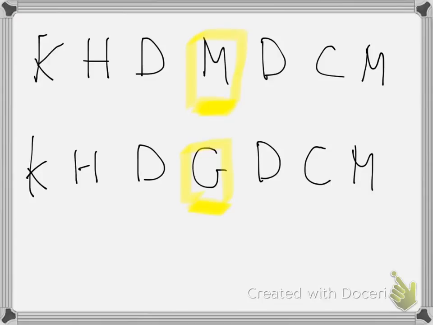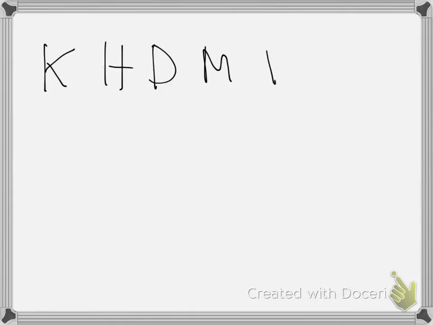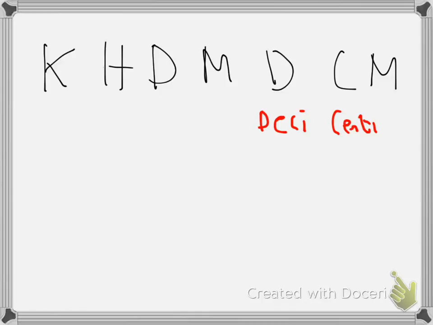So then the question becomes, what do all these things stand for over here? So I'm just going to start on a new page here. I'm just going to focus on one of these. So King Henry died. We've said the middle part is M. What does D stand for? Well, I'll tell you what. I'll start with this one over here. That one stands for deci. That one stands for centi.